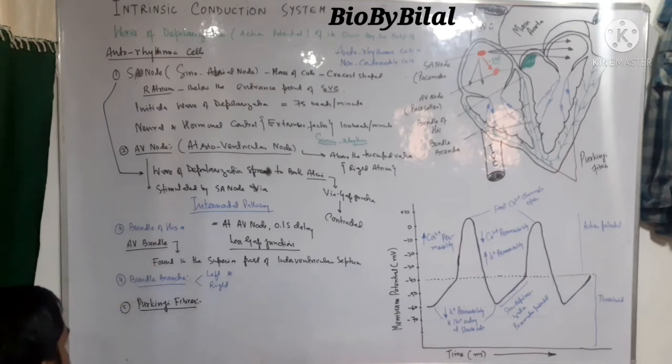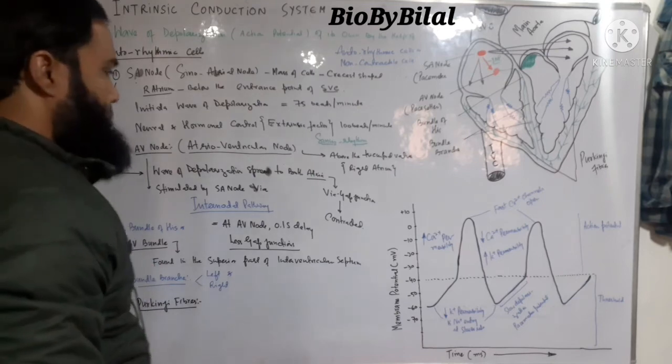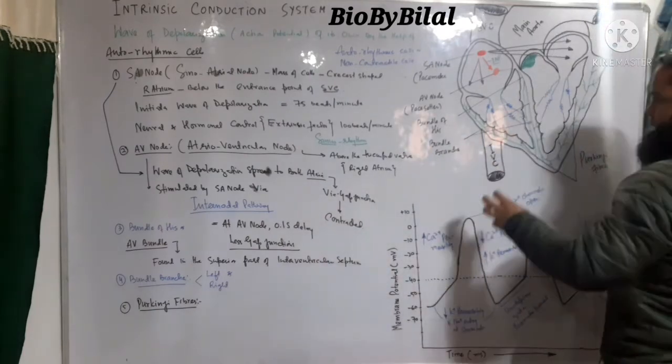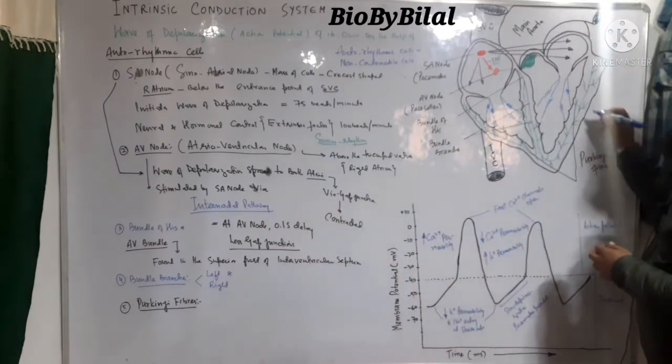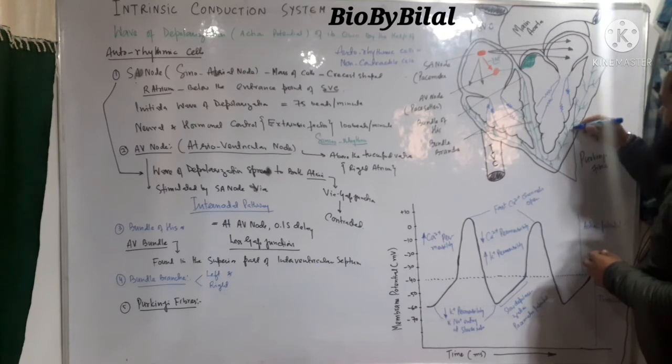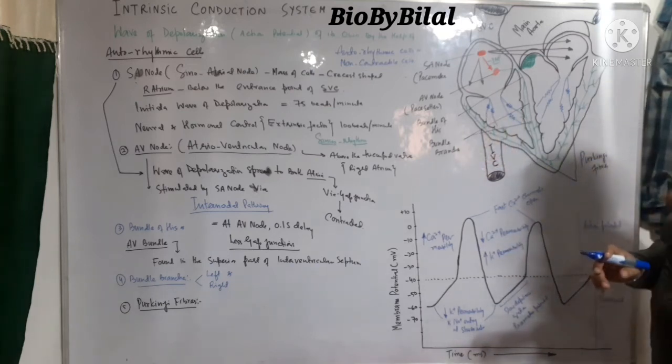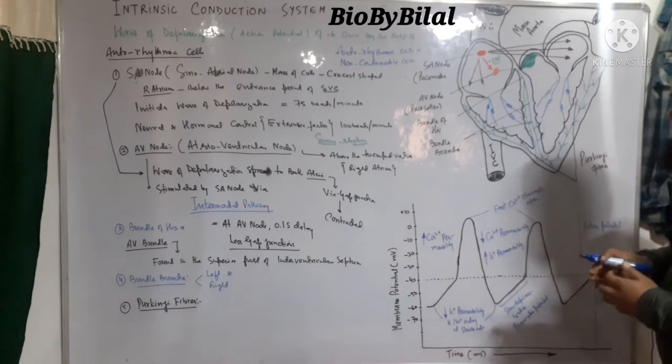These Purkinje fibers arise from the bundle branches. They get embedded, or we can say they penetrate, into the ventricular walls.